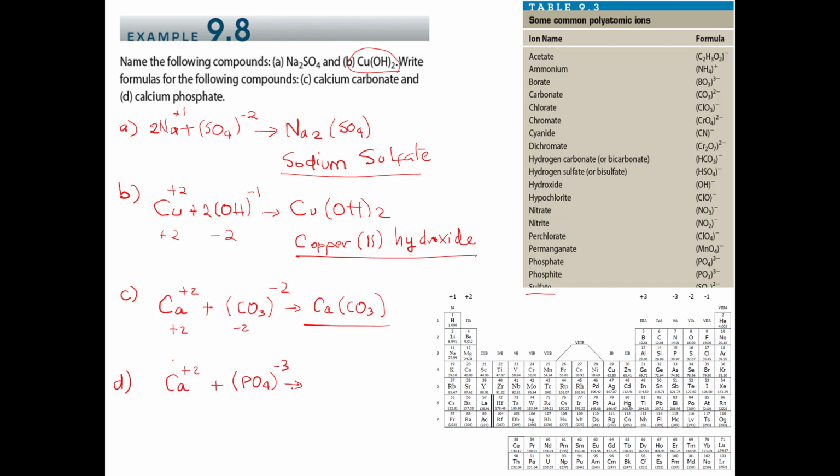On this side we had +2, and on this side we had -3. In this case it's not easy to guess the numbers. What to do in this case, you can just use the cross product. If 3 is here, you need to multiply the first by 3, and if this is 2, you need to multiply the second by 2 to get a neutral compound.